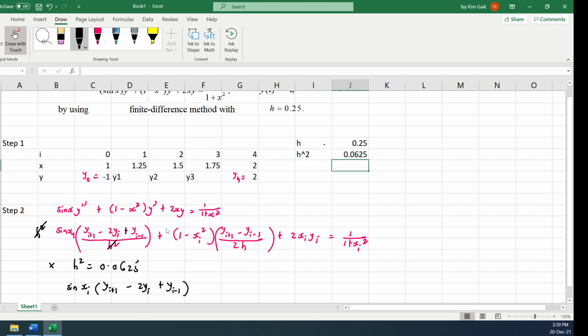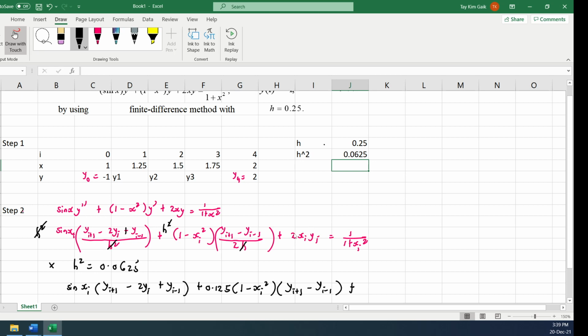For the second term, if you multiply by h squared, the power 2 cancels with the h, so you are just left with h divided by 2. So 0.25 divided by 2 becomes plus 0.125 multiplied by (1 minus xi squared) multiplied by (yi plus 1 minus yi minus 1).